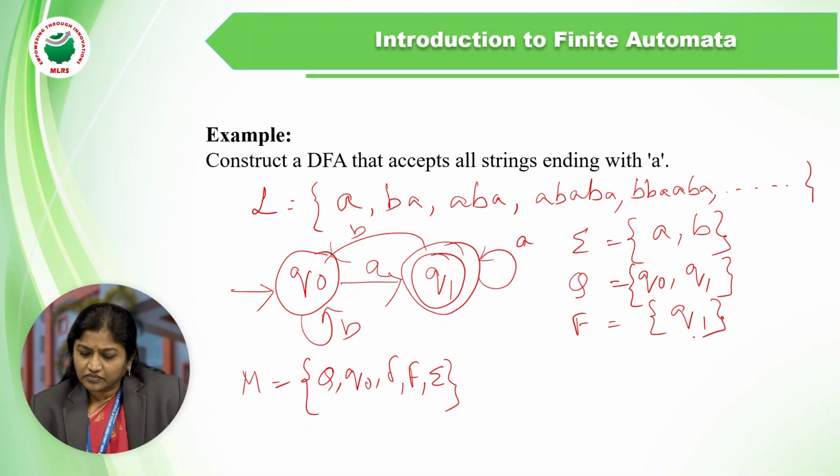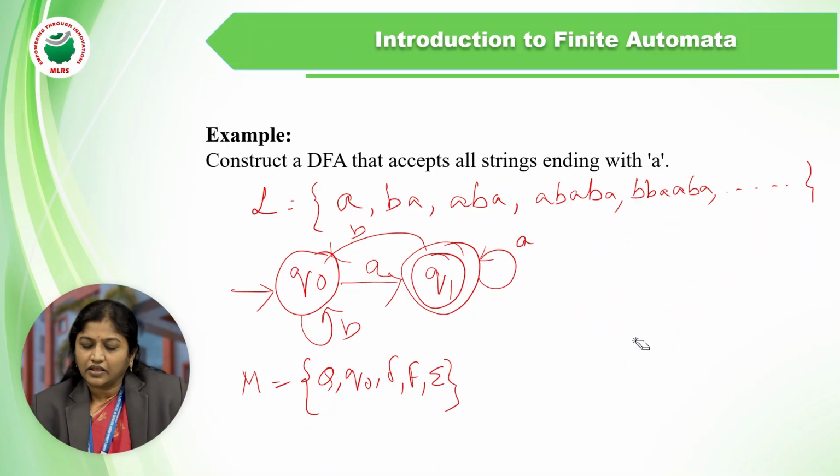Next is small Q0. Q0 is nothing but the start state. So the start state here is Q0 only, right? Next, the transitions.